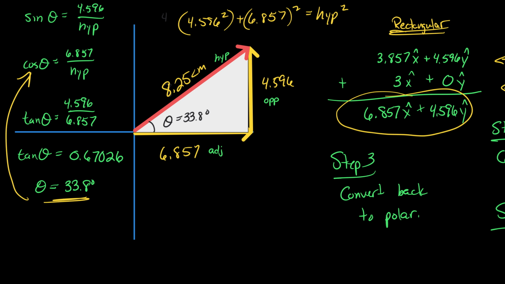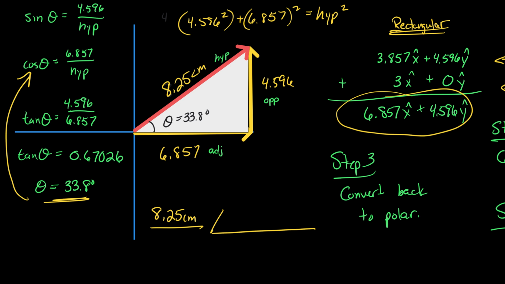Okay? All right. I would love to say we're done, but there's one final thing you must do. When you reach the end, you actually have to write your vector in a form that tells the length of the vector and gives the direction with appropriate reference. So although the length of the vector is 8.25 centimeters, my reference has to include the angle and compare it to one of the directions.